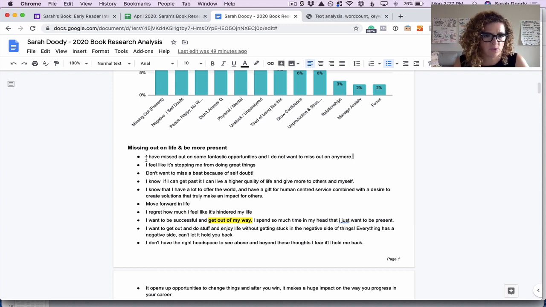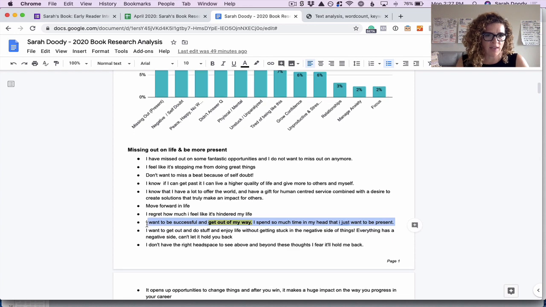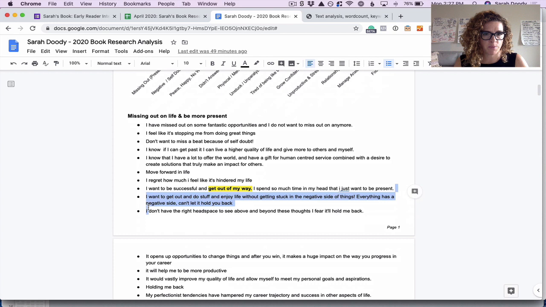Well, we might use, let's see, what's a good example. Oh, "I want to be successful and get out of my own way. I spend so much time in my head that I just want to be present." I mean, I didn't even have to write that text. That's from a survey response. That would be a gold mine of text to test for, say, a marketing page or something.